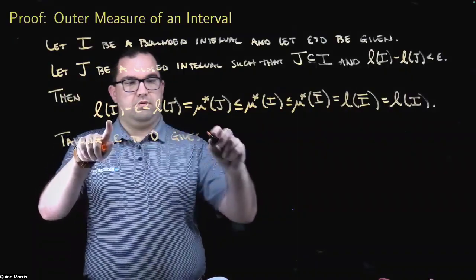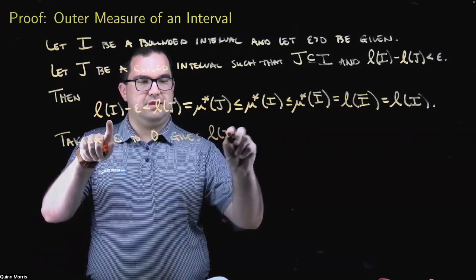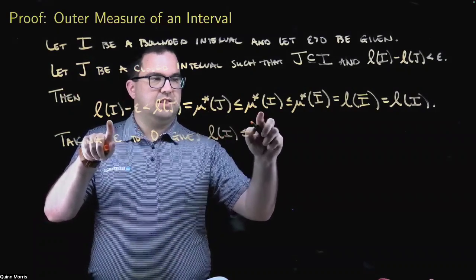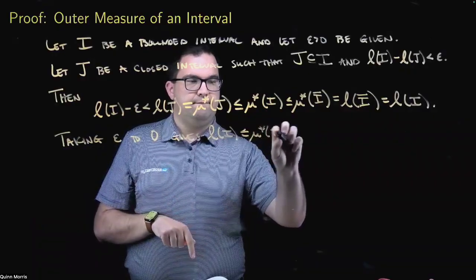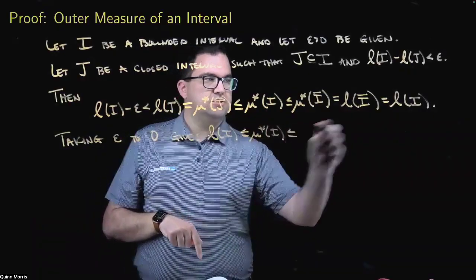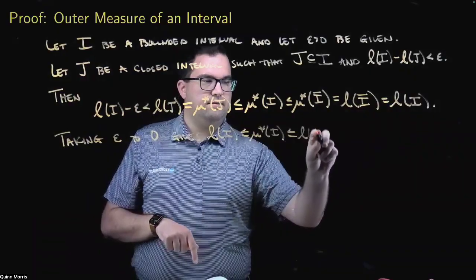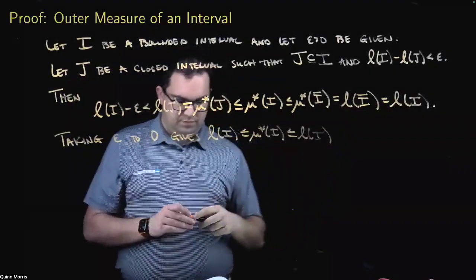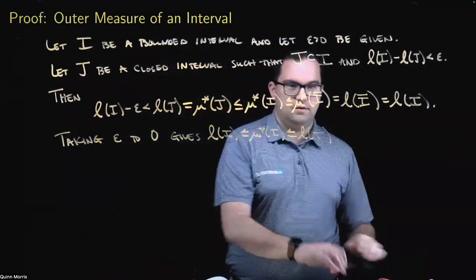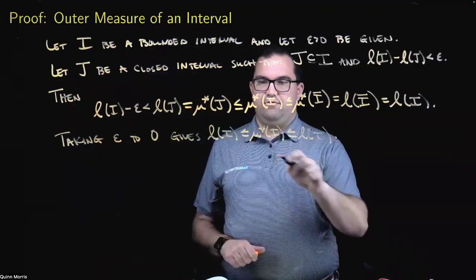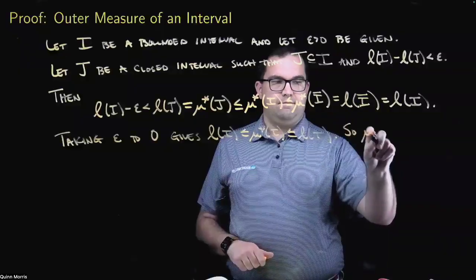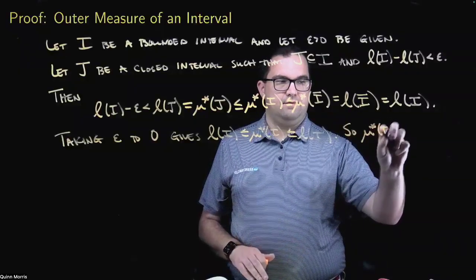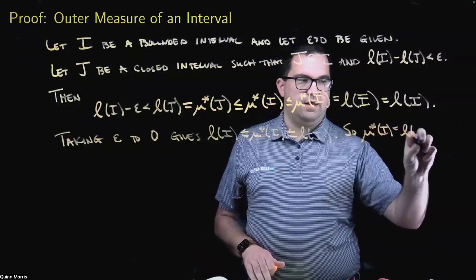And so in the limit, I get that the length of I is less than or equal to the outer measure of I, which is less than or equal to the length of I. Marker's dying on me. So that just means the outer measure of I has to be equal to the length of I.